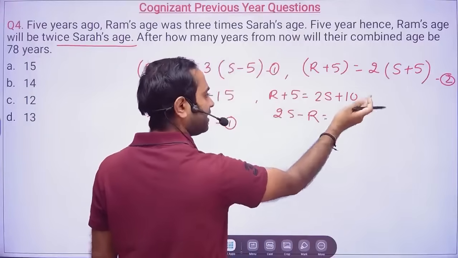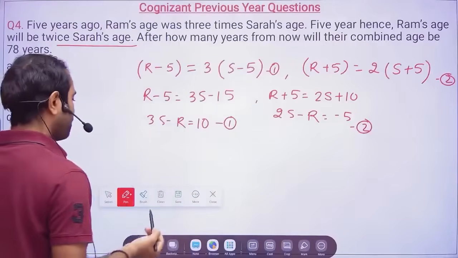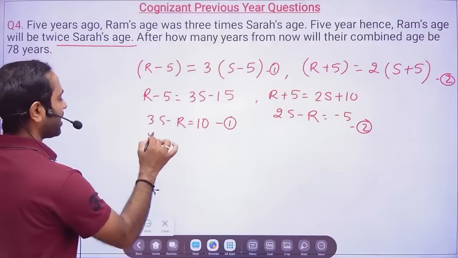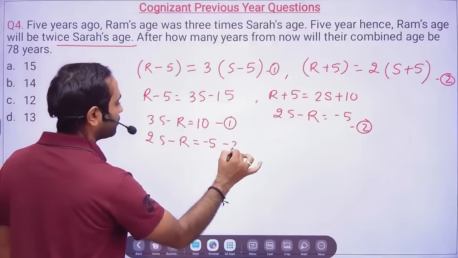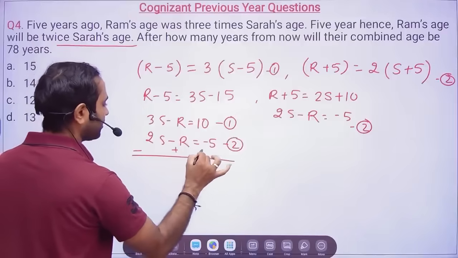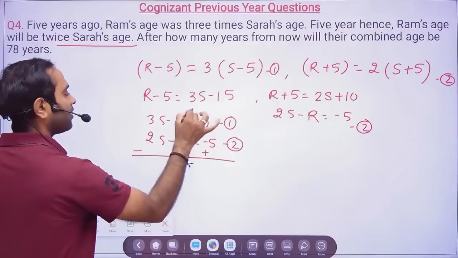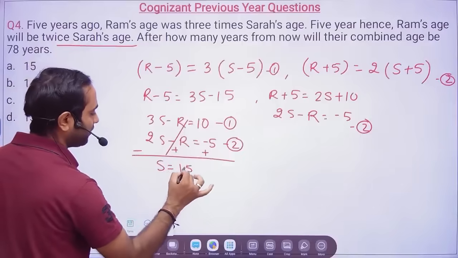See, R I am sending this side, 10 I am bringing this side. So this is my equation 2. Now equation 1 and equation 2 we are going to add. Minus 5, this is 2S. And then this is minus, this is plus, so this R cancelled. S will be equal to 10 plus 5, 15.